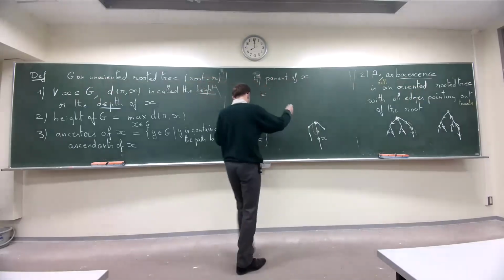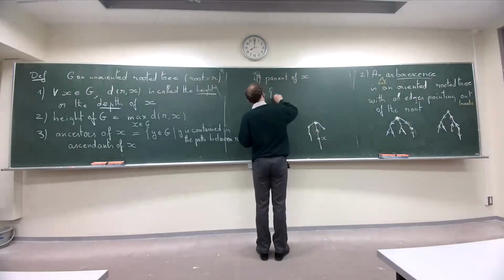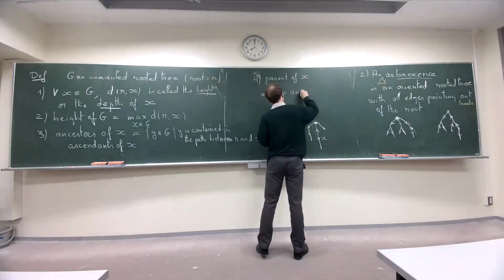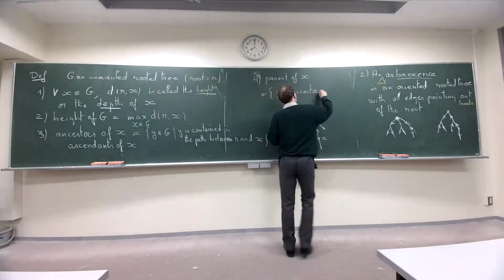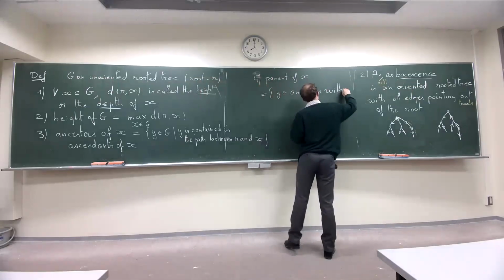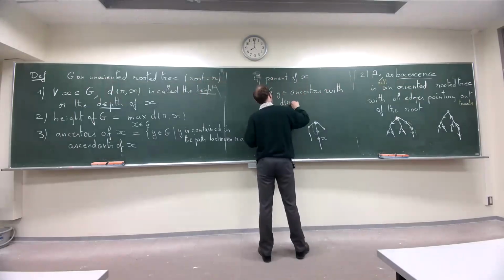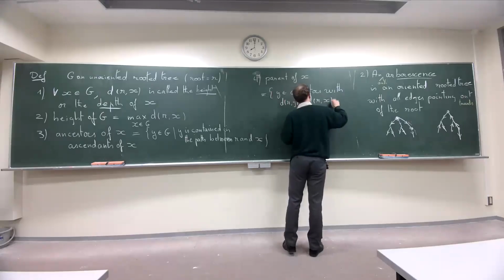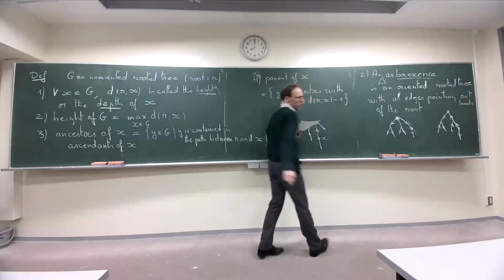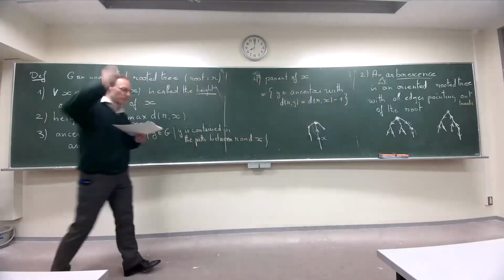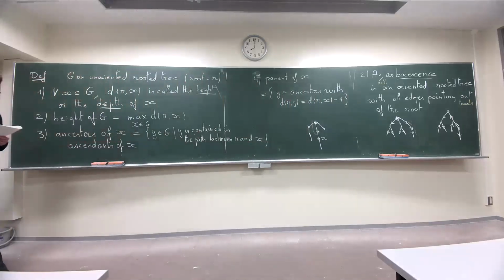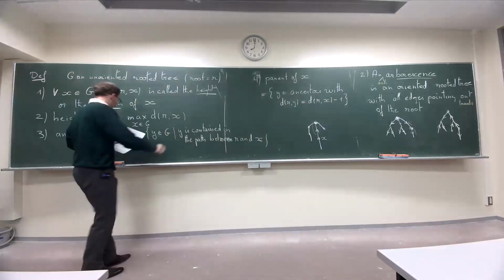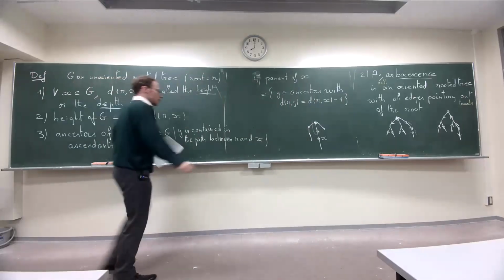It is the Y inside the set of ancestors with the distance between the root and Y equal to the distance between the root and X minus 1. That's the one before.